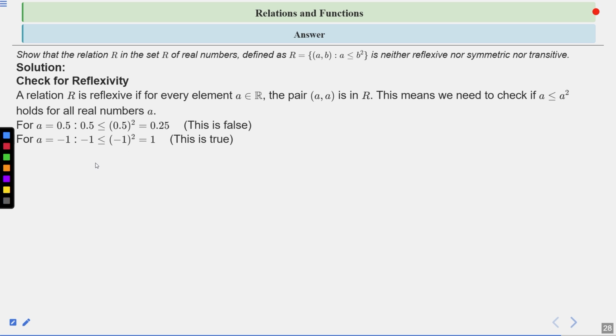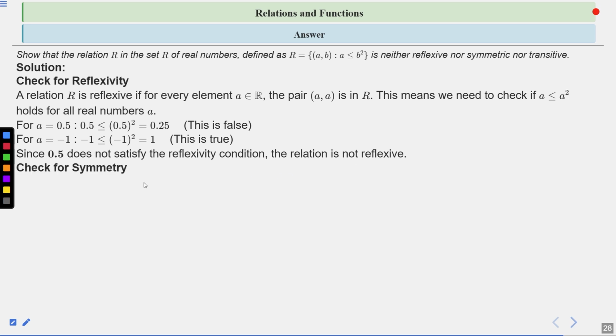Indeed it is true. So we have seen an example which does not satisfy the condition. So not reflexive.